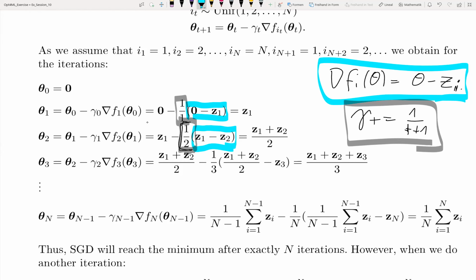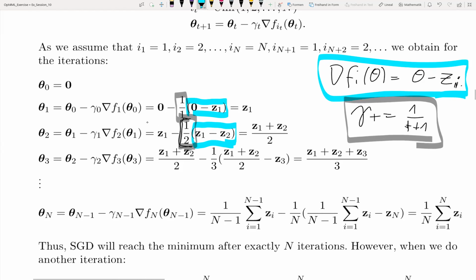And now we see z_1 minus 1/2 of the difference between z_1 and z_2. This is exactly the average between z_1 and z_2. Now, from z_1, we subtract half of z_1 minus z_2, which is in fact plus z_2 divided by half, so we arrive at that.